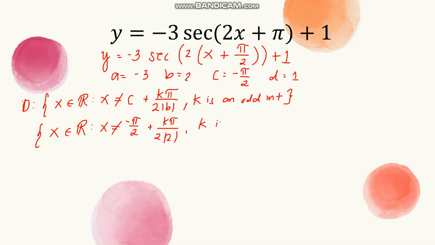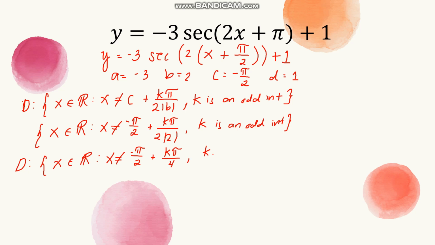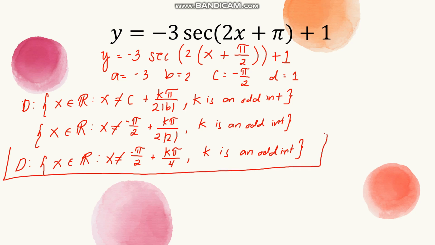And k is an odd integer. Then simplify, so that means our domain will be x is an element of real numbers such that x is not equal to negative pi over 2 plus k pi over 2 times 2, which is 4, where k is an odd integer. So this is now the domain of our function.